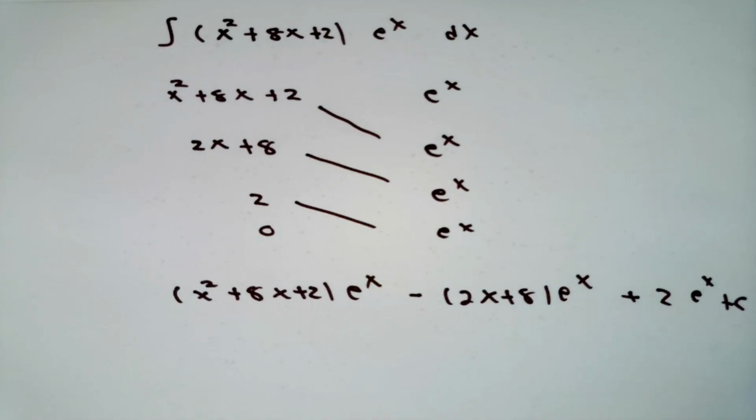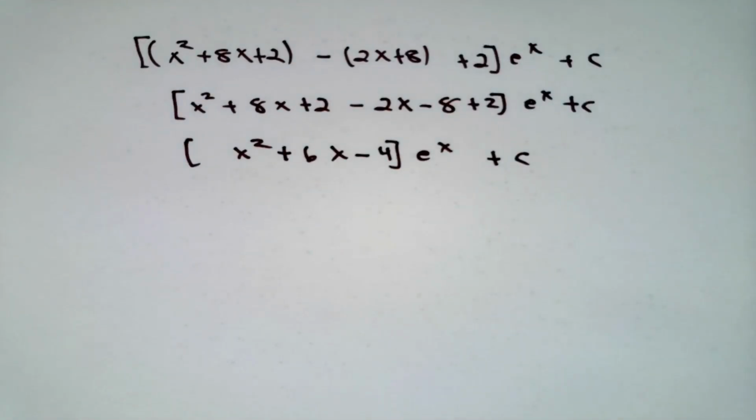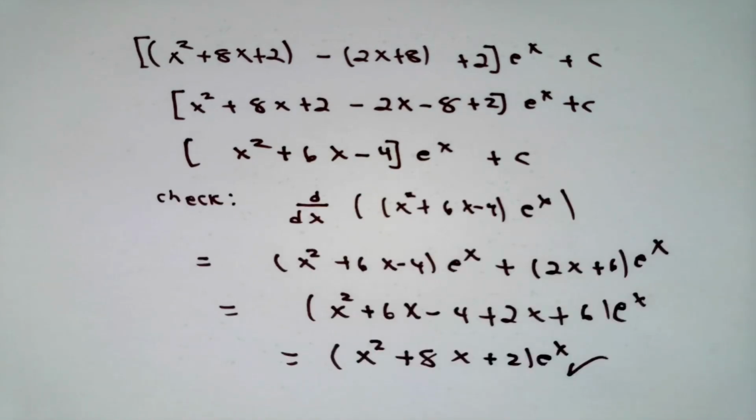The derivative of 2x plus 8 is 2, and all further derivatives are 0. Link the pairs of numbers by the downward sloping lines, and then add and subtract alternately. You get x squared plus 6x minus 4 times e to the x plus a constant. If you check that by taking the derivative, you find out that you get what you're supposed to get.